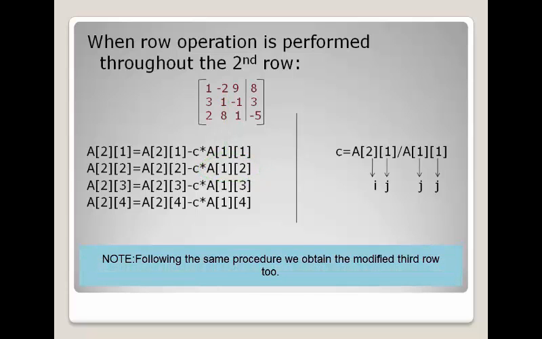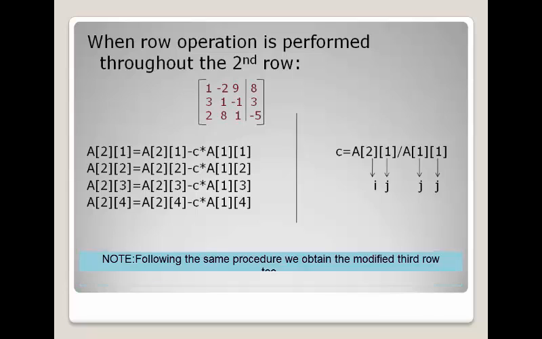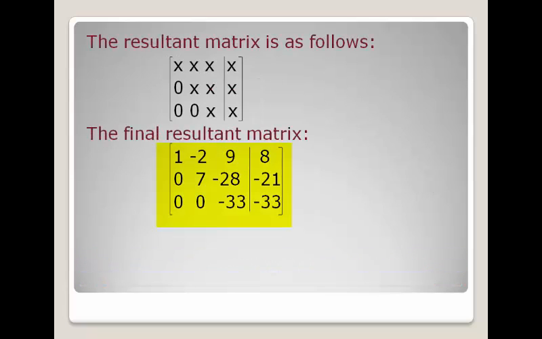Similarly, we will find out what will be our final value in position a of 2, 3 and a of 2, 4. Hence, after performing all the row operations, we obtain this final resultant matrix.